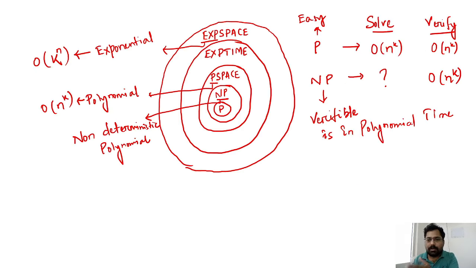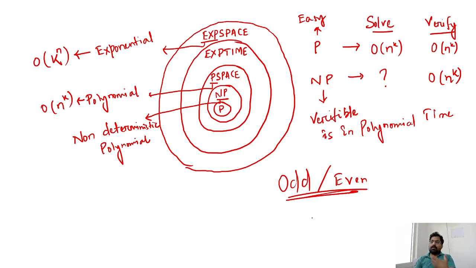Before reaching that one, suppose I have a problem, whether a number is odd or even. If you want to find it out, is it so easy or not? We can divide by 2, and we will have the verification.